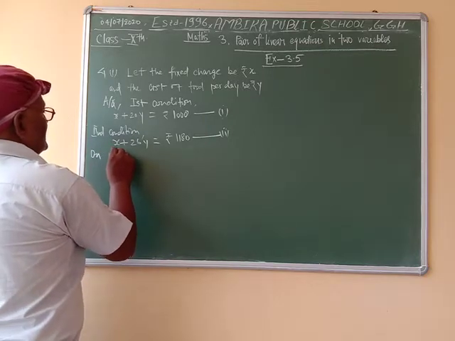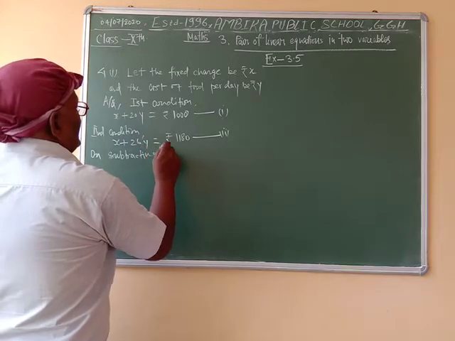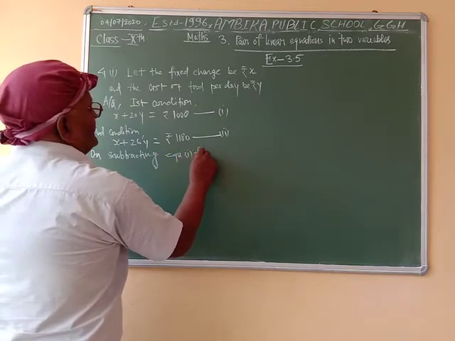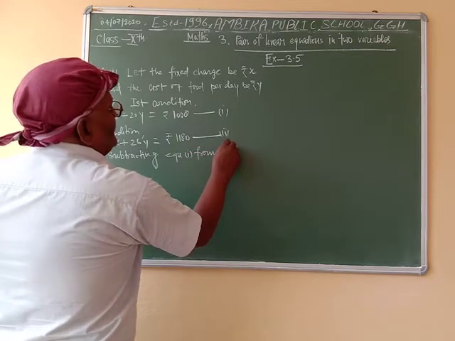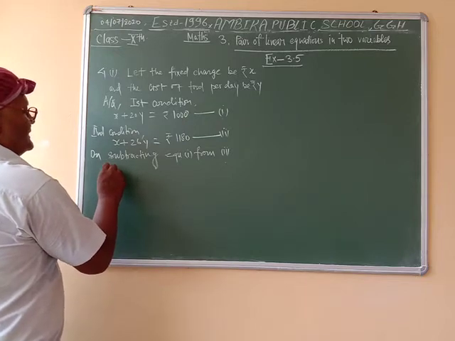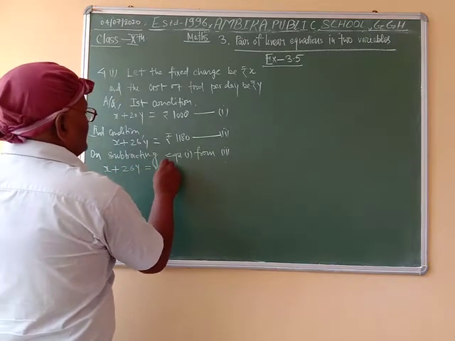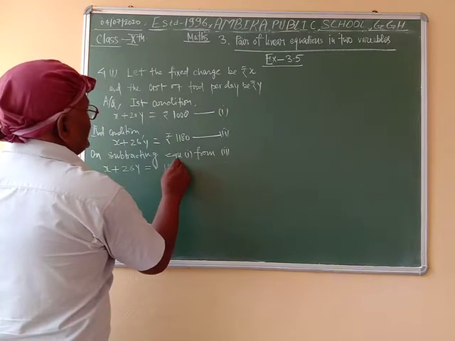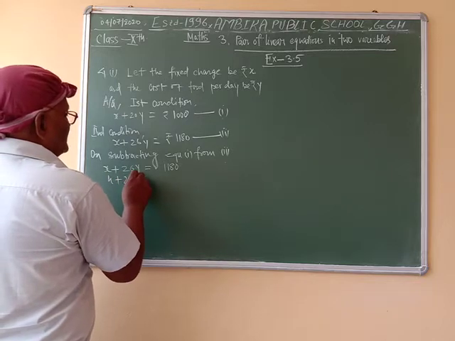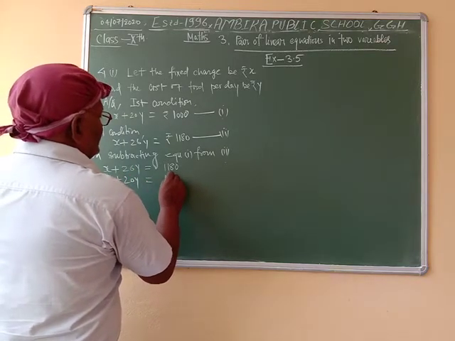On subtracting equation 1 from 2, we have X plus 26Y is equal to 1180 and X plus 20Y is equal to 1000.